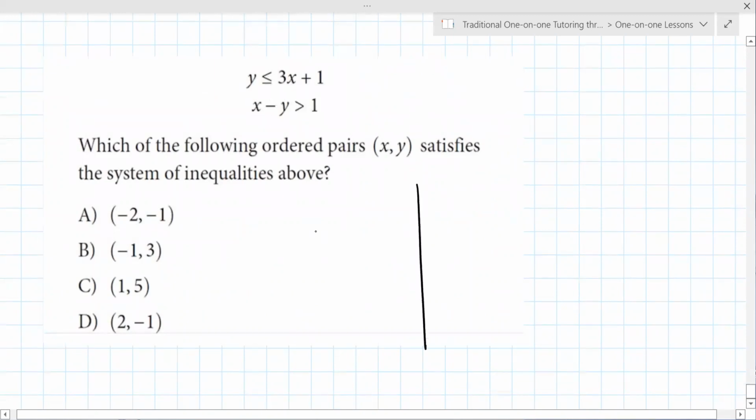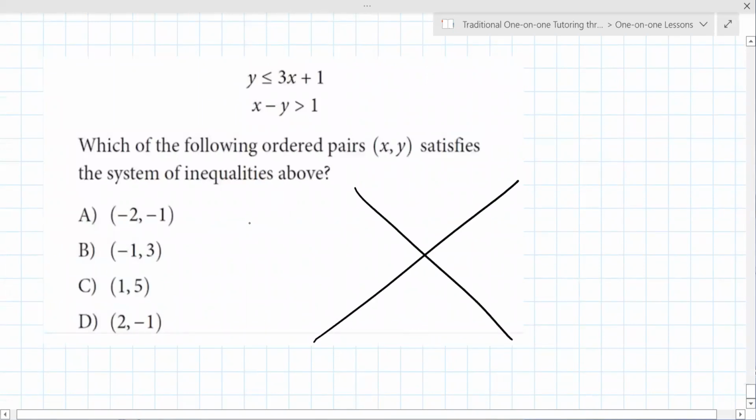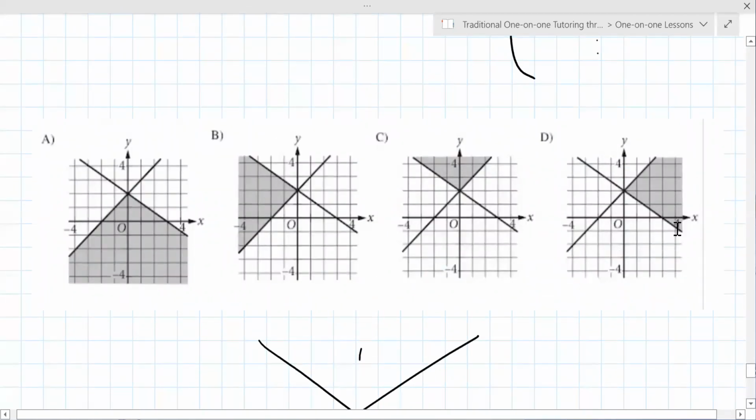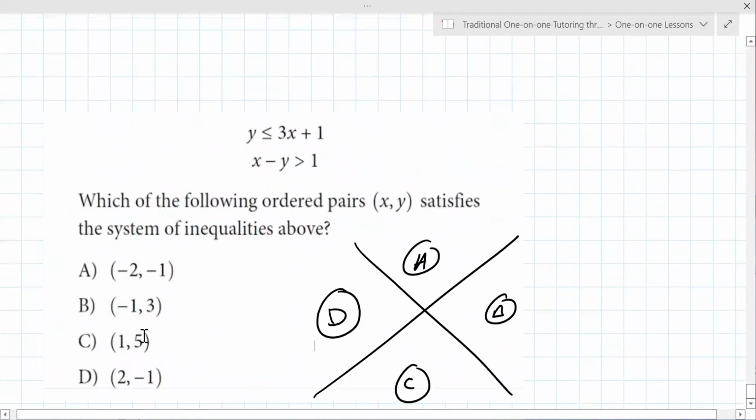And the reason is because of these two lines, one of these points might be A, this might be B, this might be C, and this might be D. That's why we did it, because there's only one region that's correct. Okay. So when you're testing these points, it could be that there are multiple ones in the wrong region, but let's just say for the purpose of this that there's one in each.